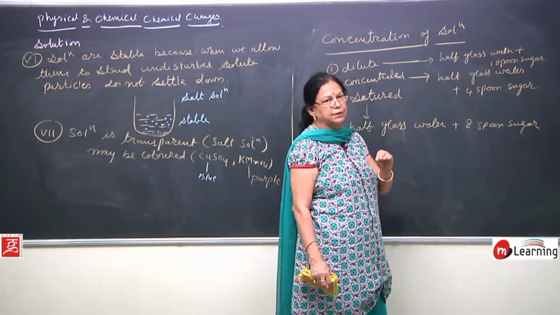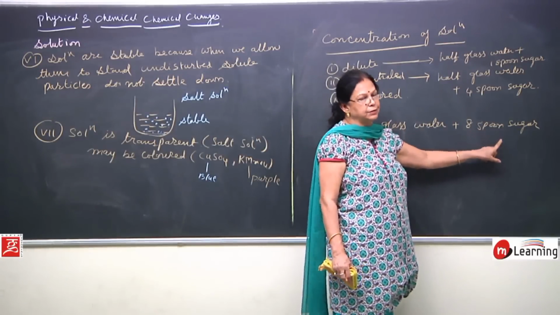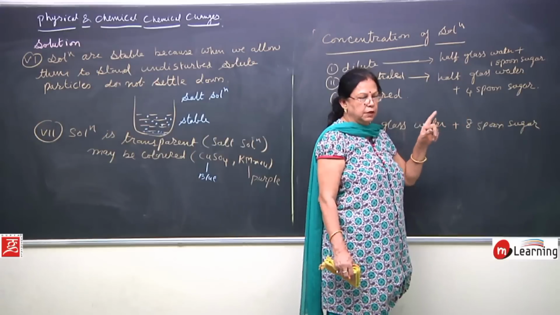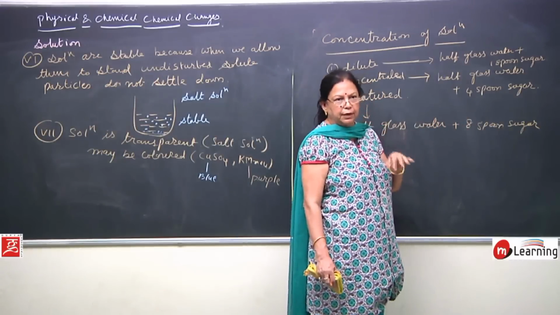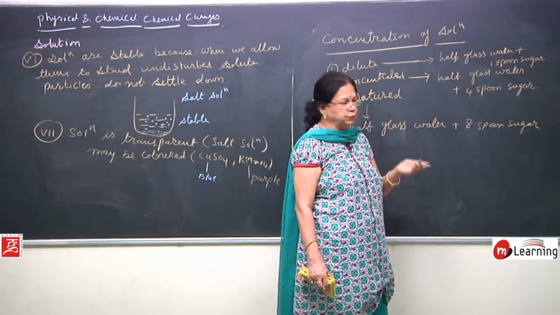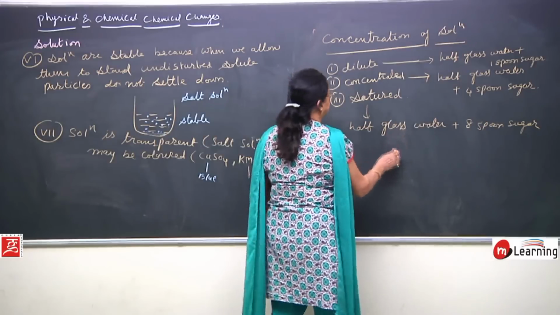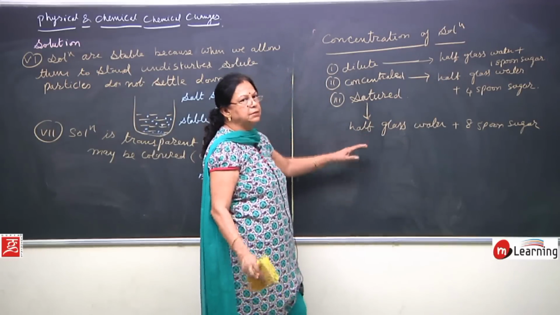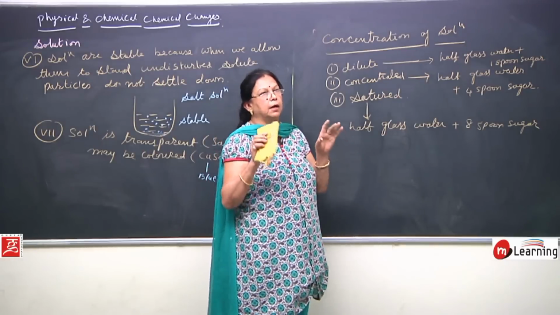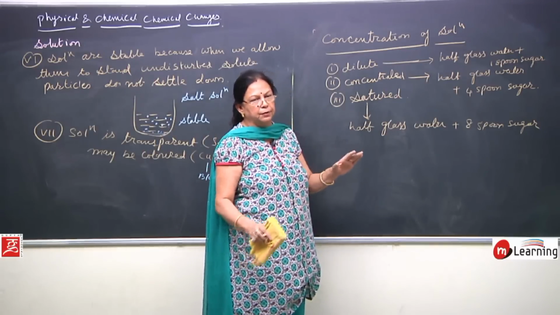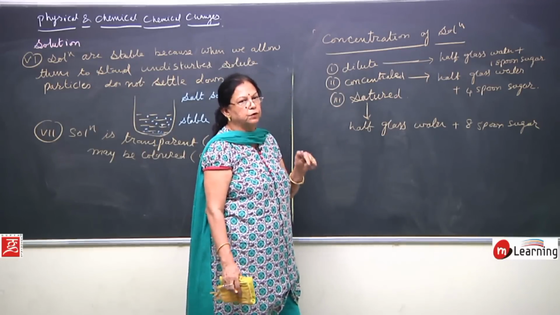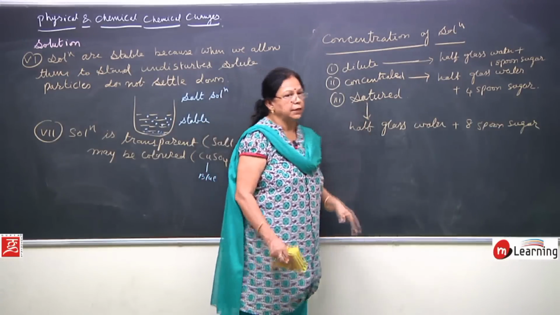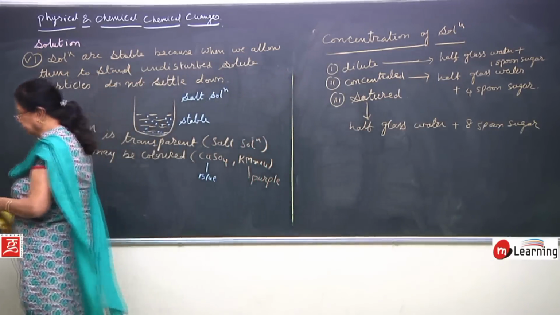A condition comes that the sugar does not get dissolved. Say with 1/8 spoon of sugar, you are not able to dissolve more. So, this solution will be called a saturated solution. Saturated solution means a condition has come after which you are not able to dissolve any more solute in that solvent. So, this kind of solution is called a saturated solution.